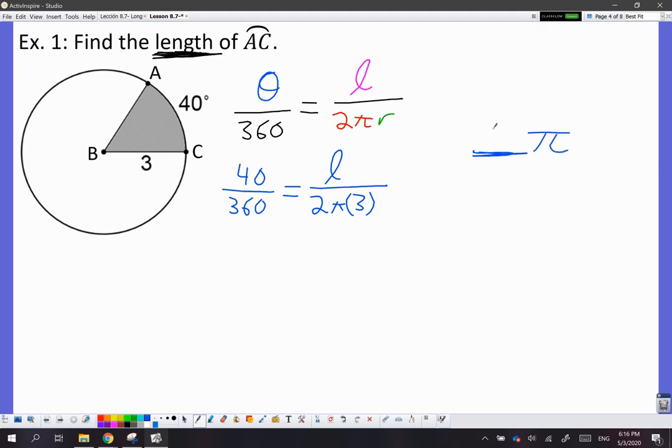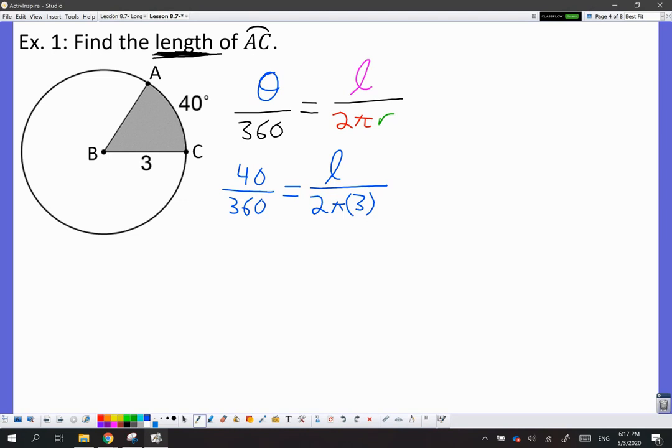So I want to have a number here and then pi hanging on to it. We kind of talked about this a long time ago, but we never really touched it. So I'm going to show you how you can also write these answers in exact form. Now you can always use the decimal approximation too and just round it, but I want to show you exact form because it's going to help you out in the future too, in future classes.